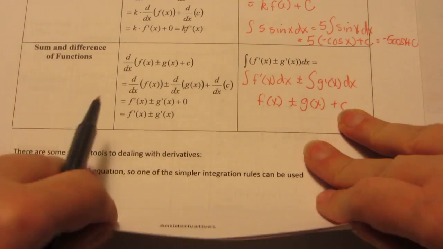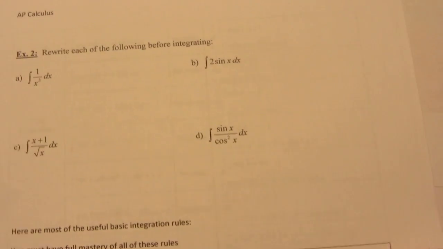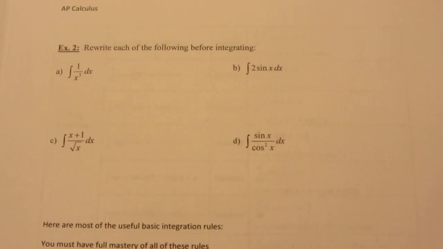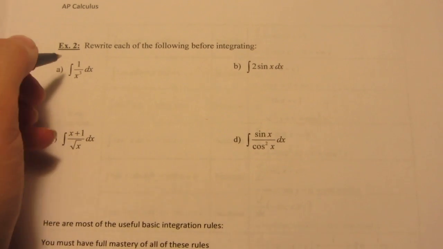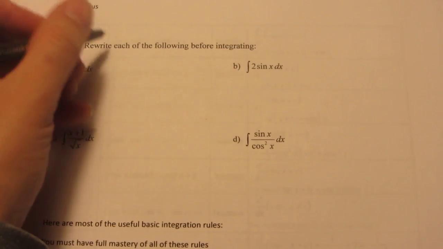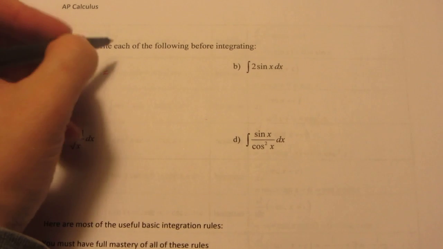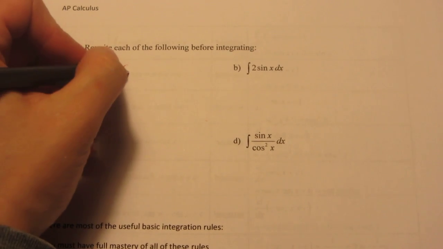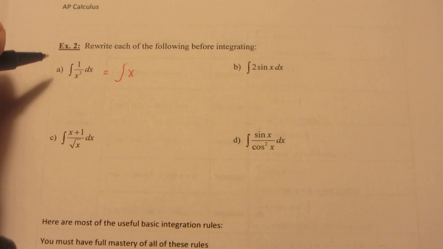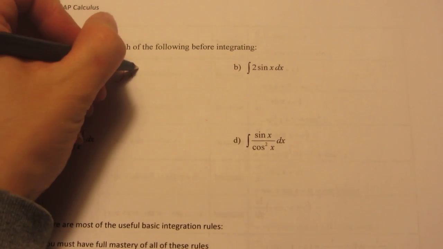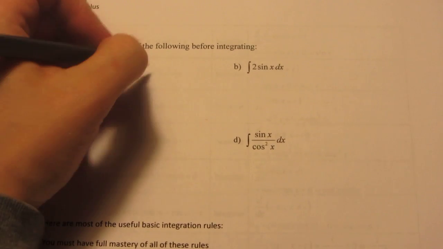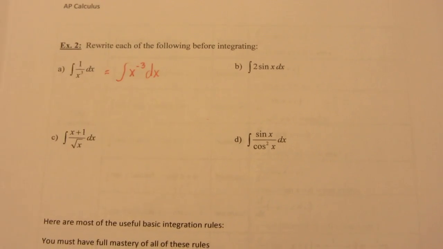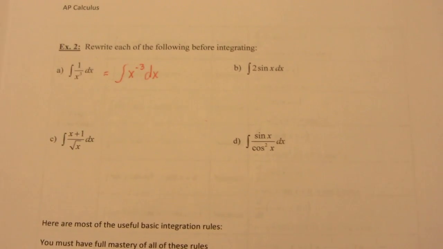So if I looked at something like example 2 here, rewriting this so that I can use the power rule is actually really helpful. Just like when we did derivatives, I would rewrite this as x to the negative third dx, like that. And then I'm just going to use the power rule.